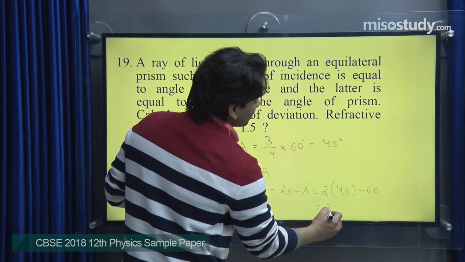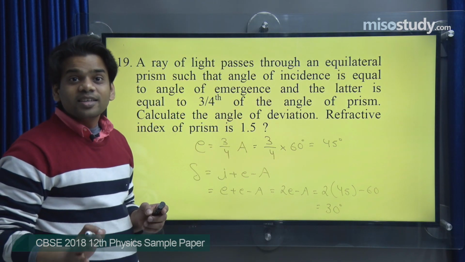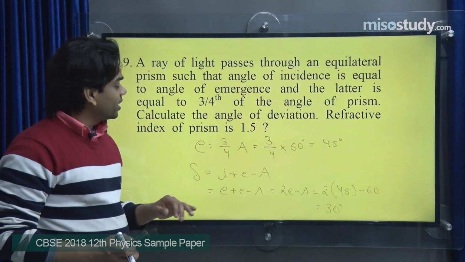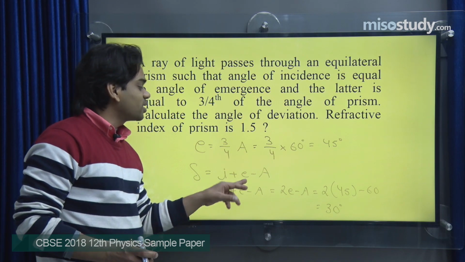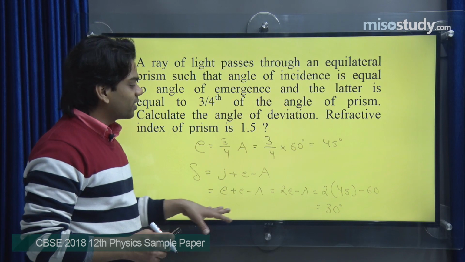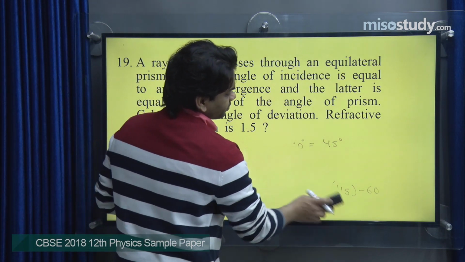If you evaluate, you will get this as 30 degree. Easy question, but if you know the idea that the angle of deviation is calculated by sum of angle of incidence and angle of emergence, and you deduct the angle of prism, you will get the value of angle of deviation. Quite easy question.